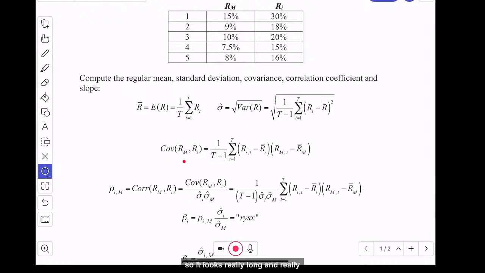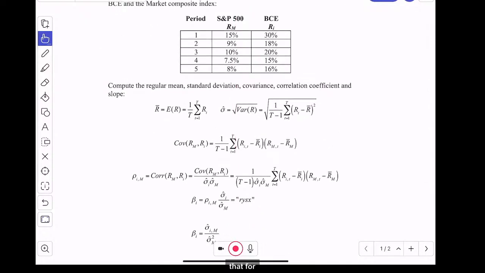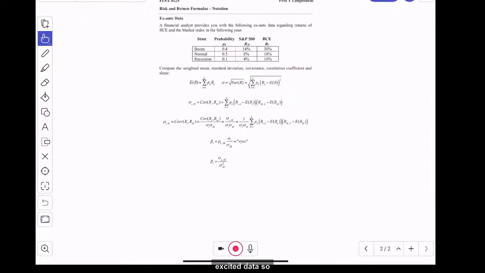It looks really long and really intimidating, but in fact, this is exactly the other formula. So I like to present the other formulas first to make you see that you've seen this before. I'm just making a finance application using a variable known as returns, but the same formula. I do that for historical data and I do that for ex ante data.